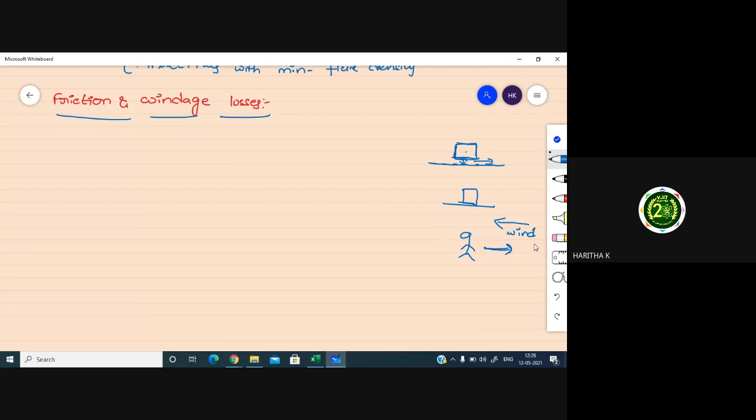If the wind is flowing in the opposite direction, we will feel difficulty in cycling. Why? Because that wind is opposing us. So here, between you and the wind, there is a frictional force. And that frictional force is nothing but the windage force, windage losses.